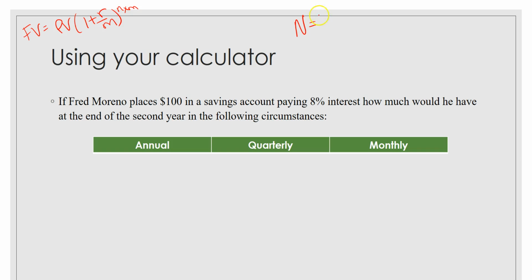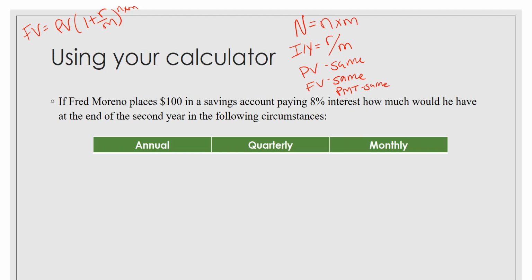Our exponent changed, so now we need to take years times compounding frequency and put that in our calculator. Our rate has changed, so we need to take our stated rate, divide it by compounding frequency. Present value is the same. Future value is the same. And our payment is the same. No change.